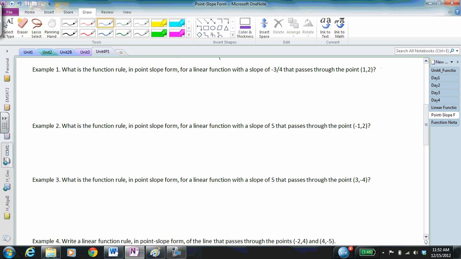So now let's look at a couple of examples. Example 1: what is the function rule in point-slope form for a linear function with a slope of negative 3/4 that passes through the point 1, 2? We want point-slope form, which is y minus y1 equals m times x minus x1, and you really just want to memorize that. The slope is negative 3/4, and it passes through the point 1, 2, so that's x1, y1.